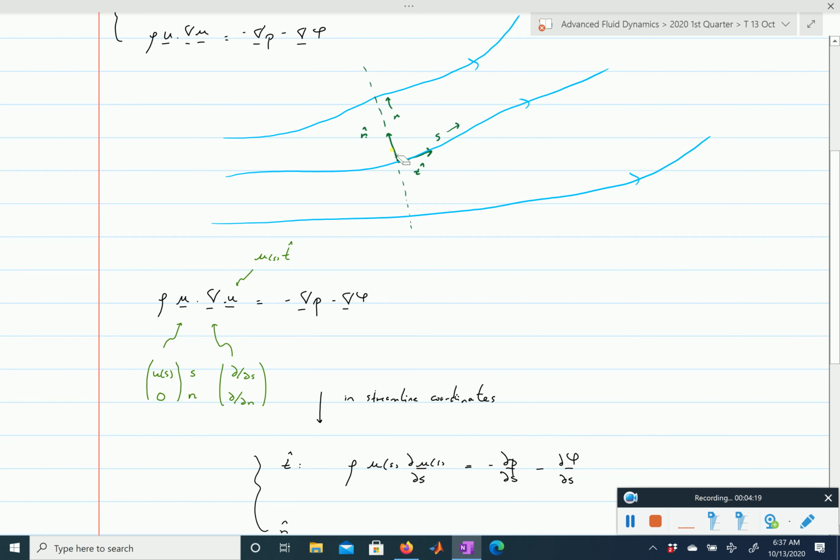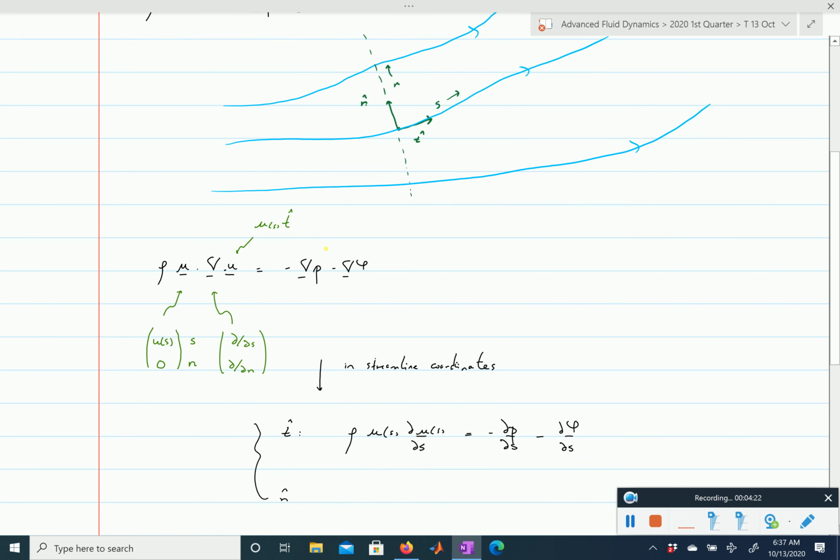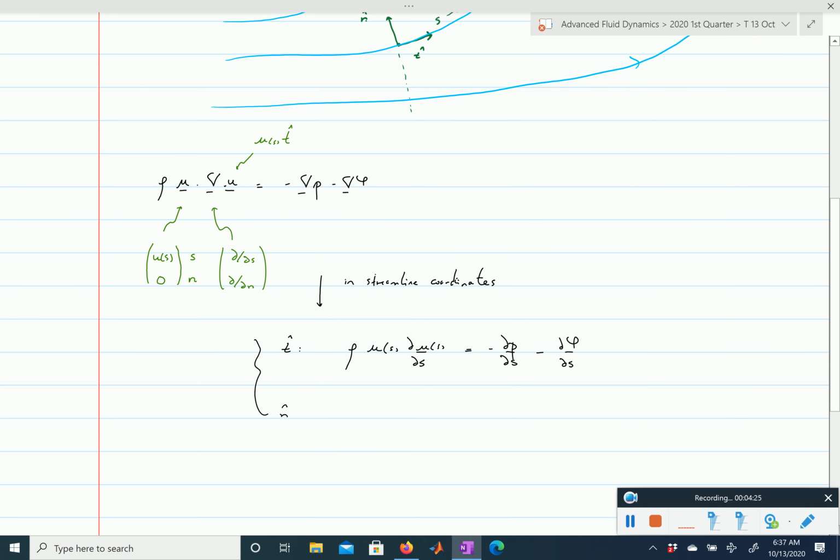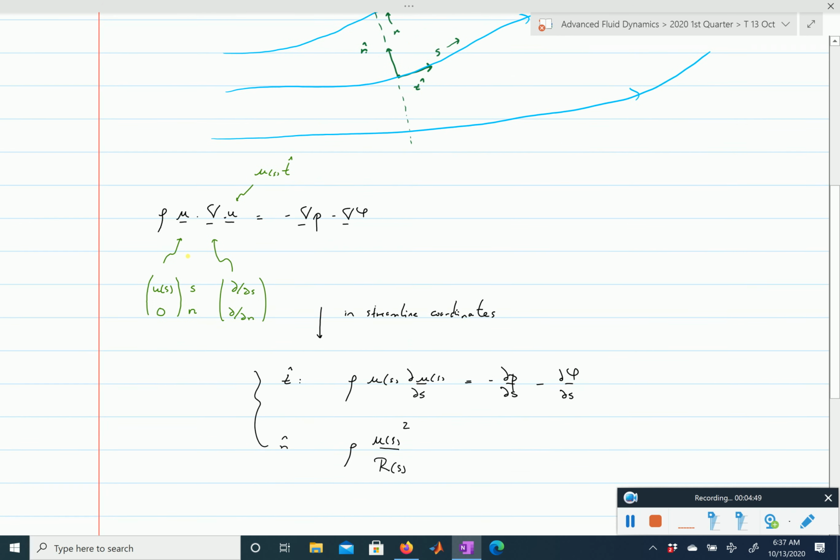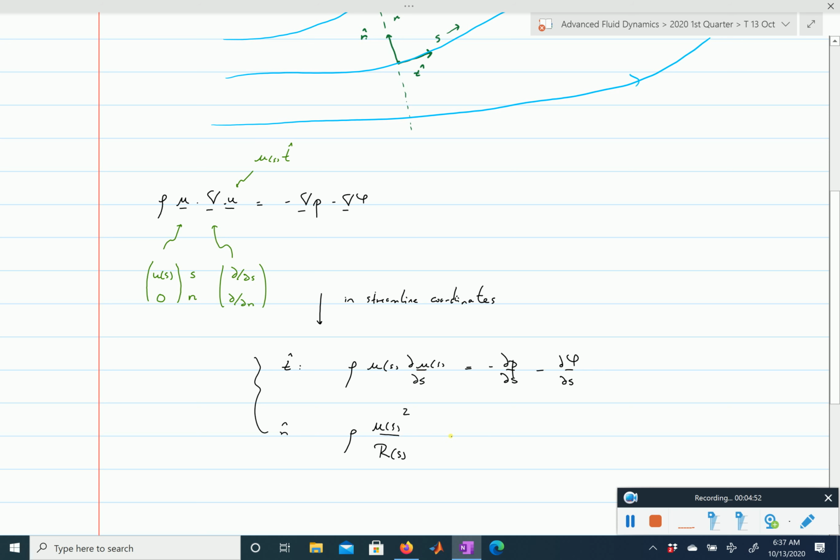If you project the Euler equation in this direction, then the only remaining term of the u dot grad u term in the normal direction is rho times the velocity squared, so the component in the s direction is really the velocity, divided by the radius of curvature of the streamline at point s, and I'll discuss this point in a bit, and that is equal to minus partial p partial n minus partial phi partial n.